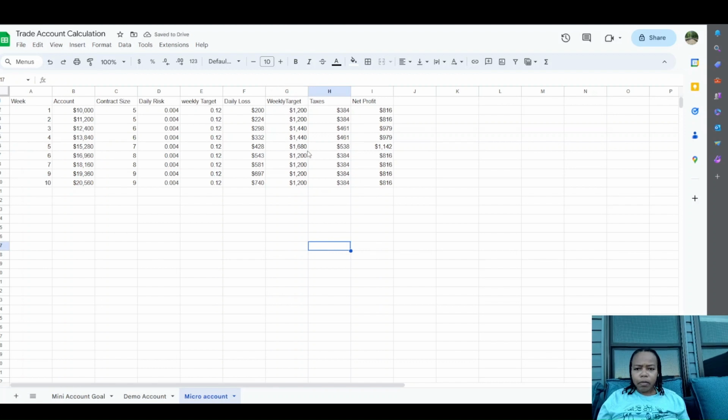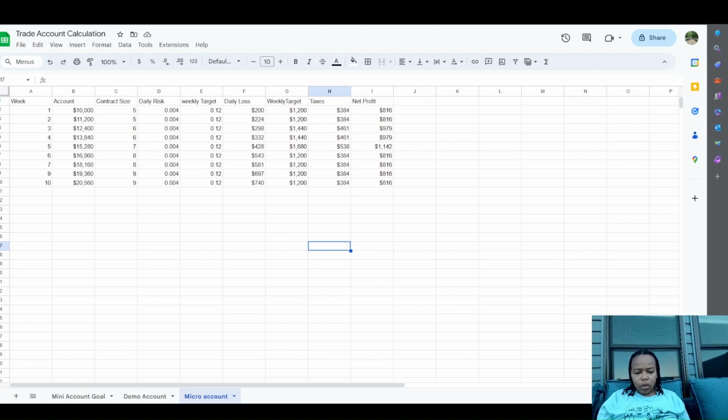Okay. And I probably should just do this calculation in here. So let me look at what's happening here. At 160 ticks, 80 tick loss, 280. Okay. Look at that. 7 times.